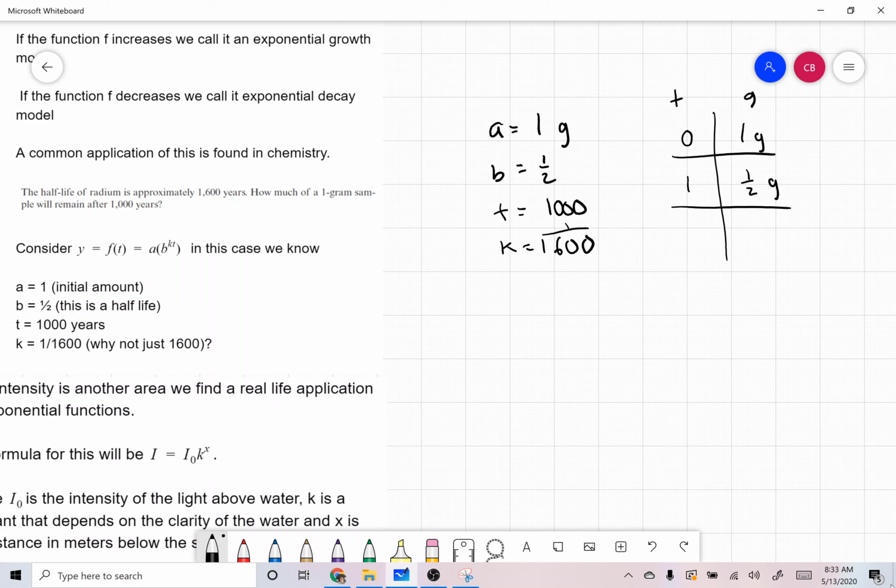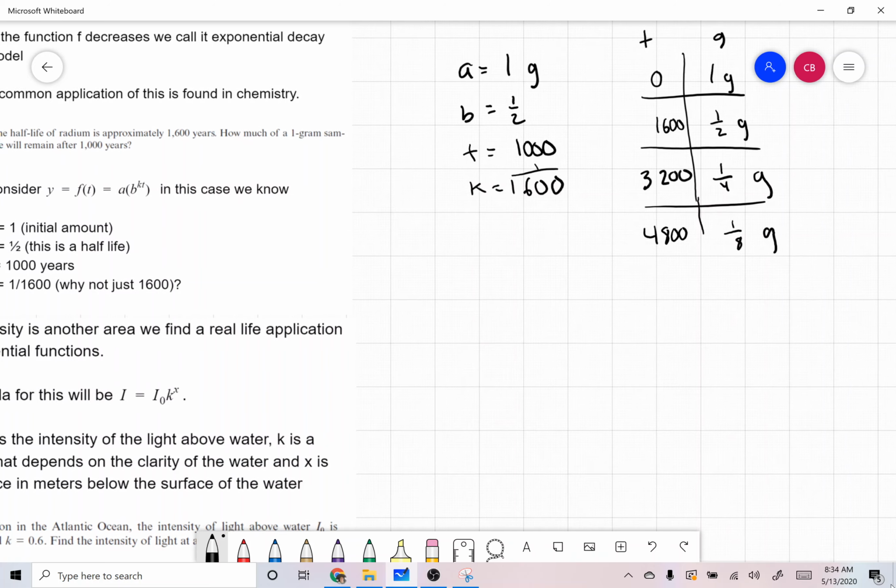If 3,200 had passed, half of 1/2 is there, so that's 1/4 of a gram. And then you just keep adding 1,600 years. 4,800, and now you're at 1/8. And so it just keeps getting smaller and smaller.